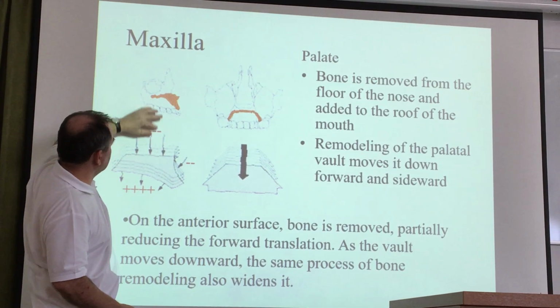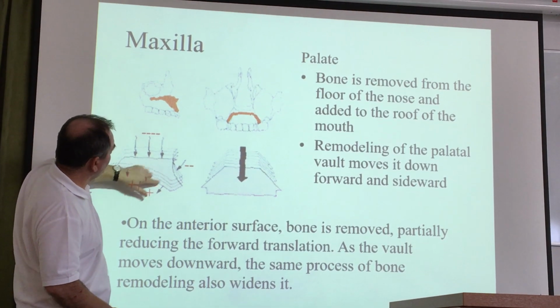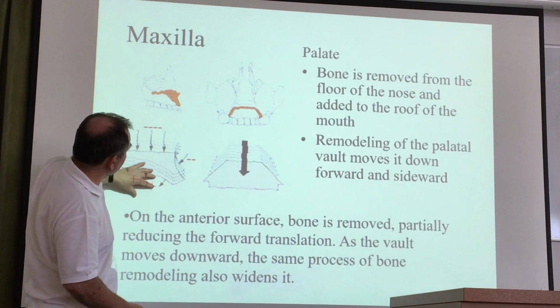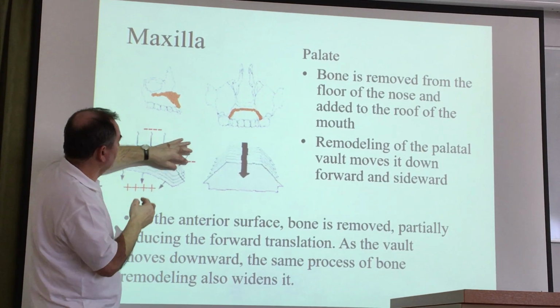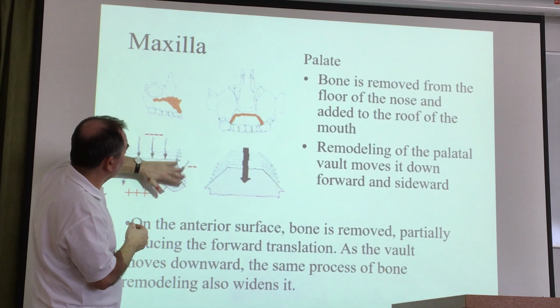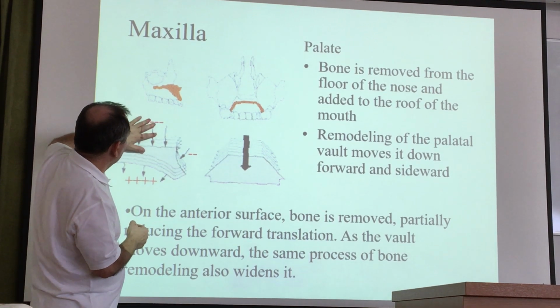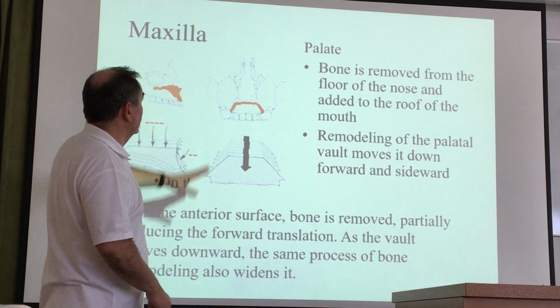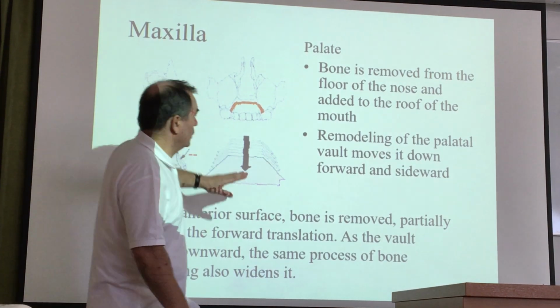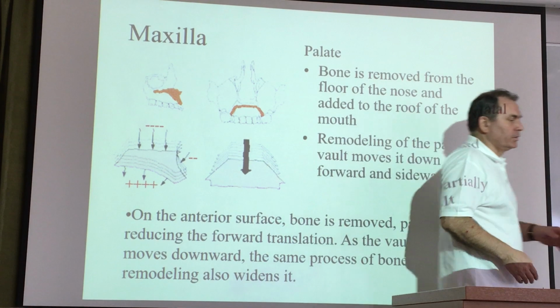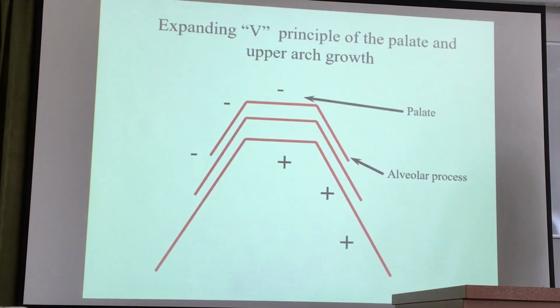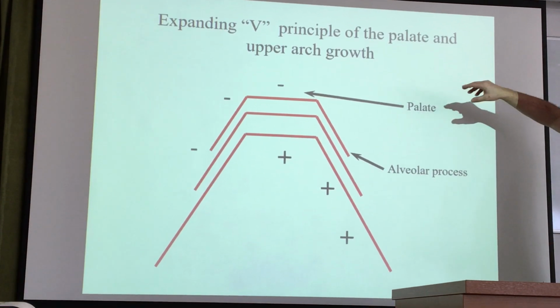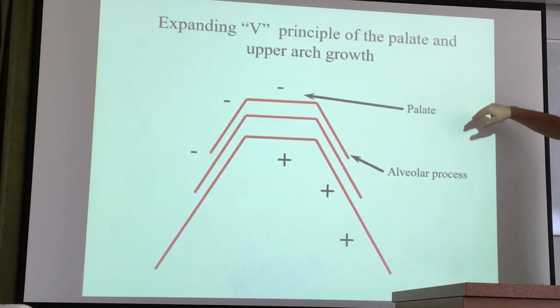During this, here new bone is deposited, and of course here bone is removed, but here the bone is removed again. So the palate is forming the so-called expanding letter V principle.